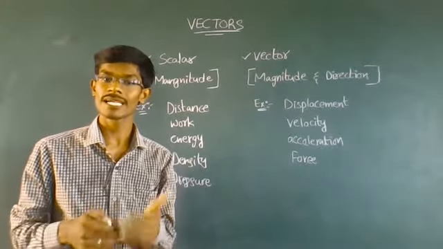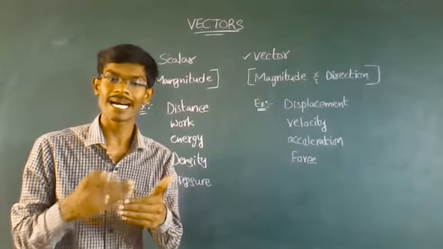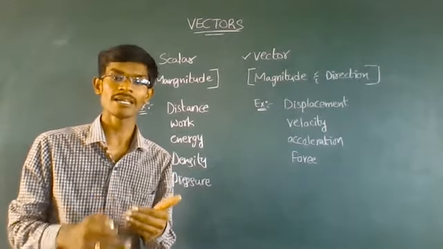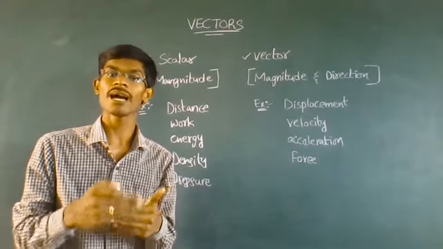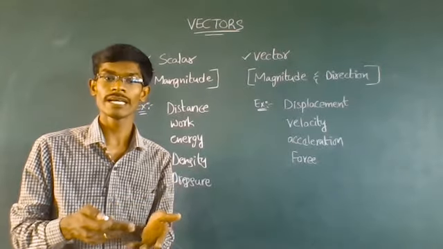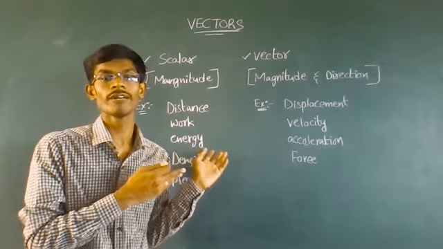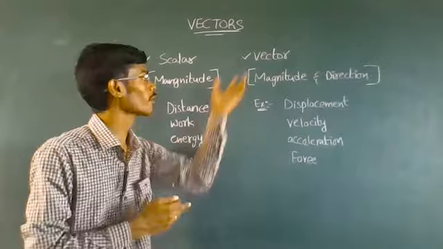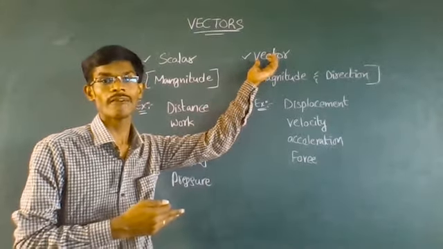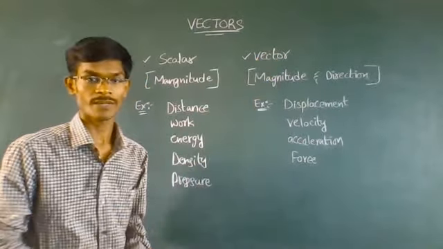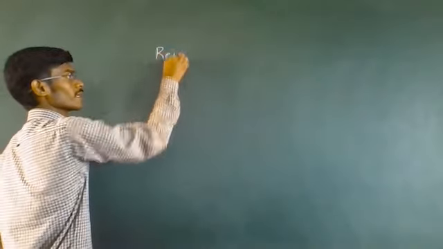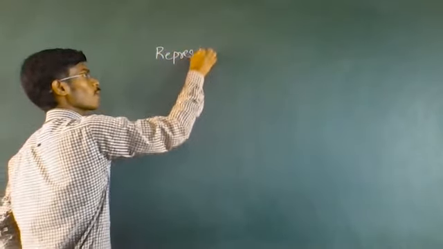Even in vectors we have vector addition, vector subtraction, vector multiplication, and vector division. In further classes we are going to see mainly what vector algebra is, and how to represent a vector physical quantity.